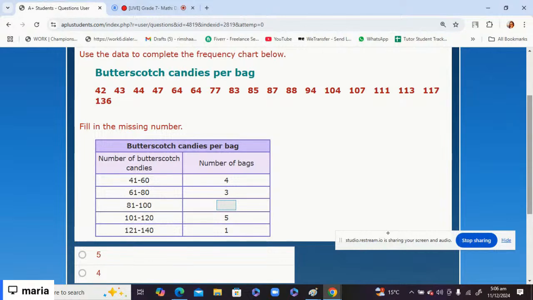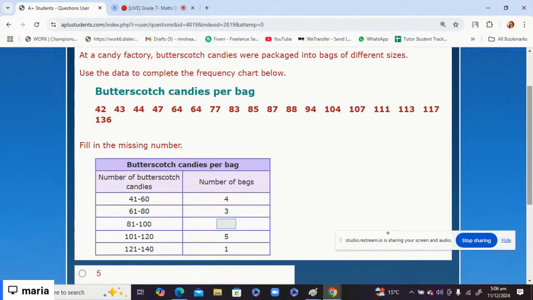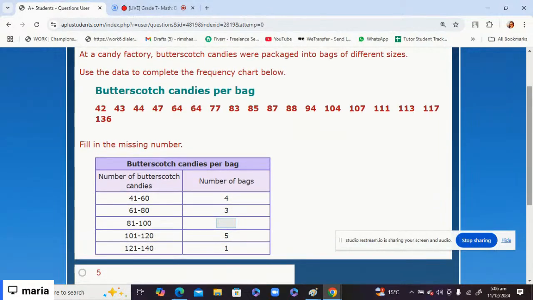So here is the question: at a candy factory, butterscotch candies were packed into bags of different sizes. Use the data to complete the frequency chart below. Butterscotch candies per bag is given. What is the meaning of 41 to 60?